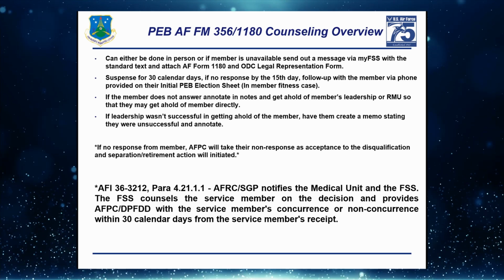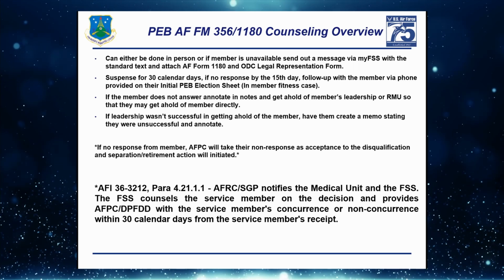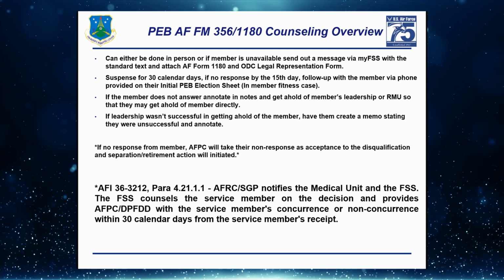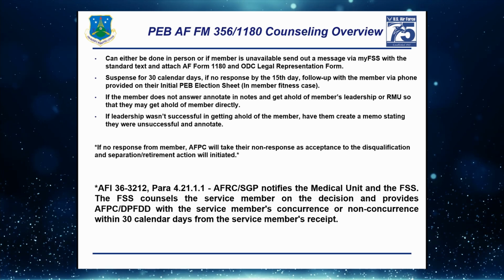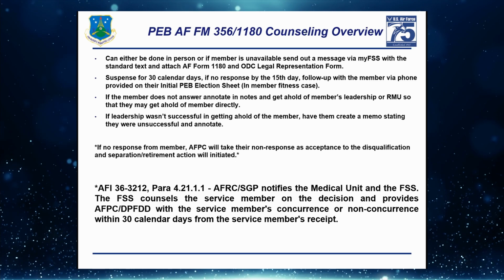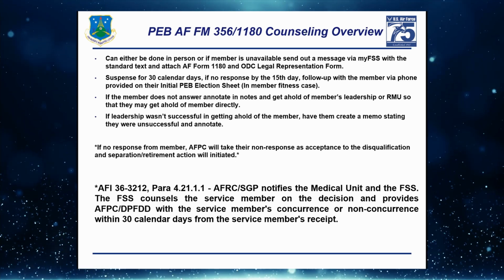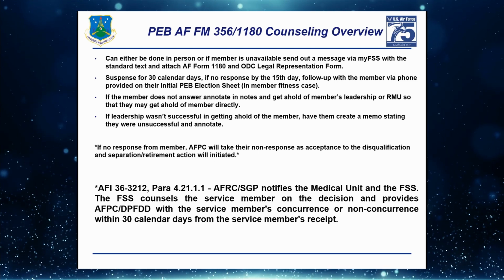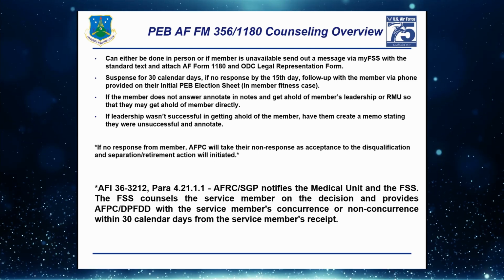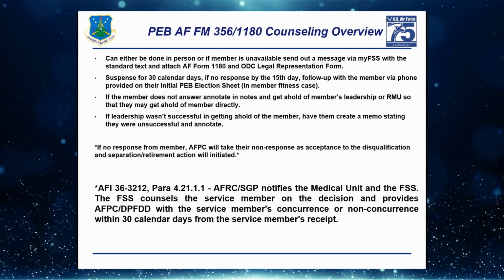It's usually provided on their initial PEB election sheet, and it's in the member's fitness case, which is also in MyFSS. If the member does not answer, annotate notes and get a hold of the member's leadership or RMU so that they may get a hold of the member directly. Now, if leadership is not successful in getting a hold of the member, we have them create a memo stating that they were unsuccessful and annotate as well.